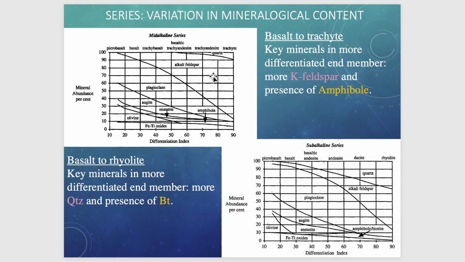And you can see also this domain of alkali feldspar, which broadens progressively, and you shrink these fields of plagioclase, augites, and enstatites, which you should remember these are pyroxenes, and the olivine here is disappearing even earlier than these pyroxenes. And then at the bottom you have these iron titanium oxides, so the spinels.